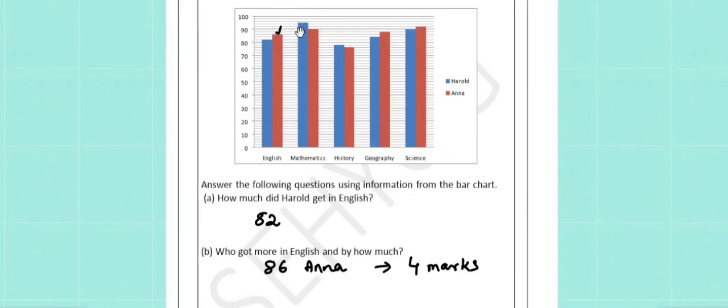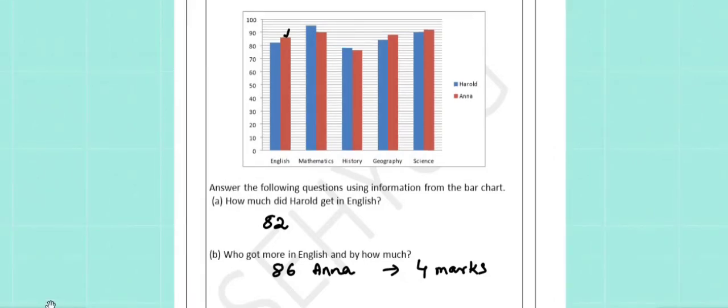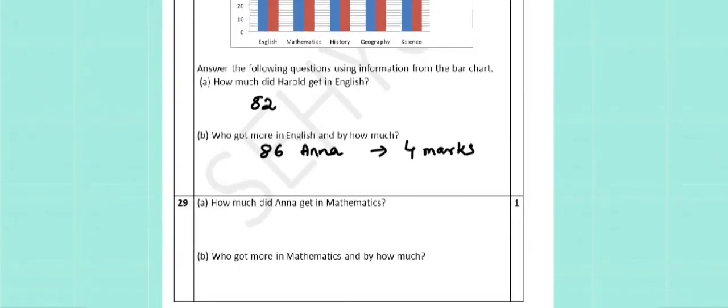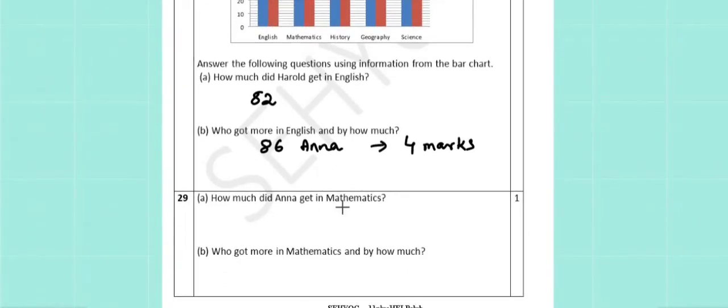So, Anna got 90 in mathematics and Harold got 95, exactly 2.5 stripes after 90. So, that stands for 5 marks, which means that Harold got more in mathematics by 5 marks.